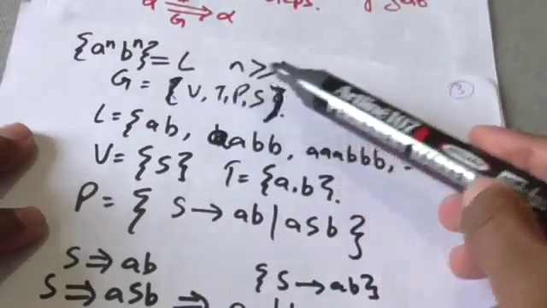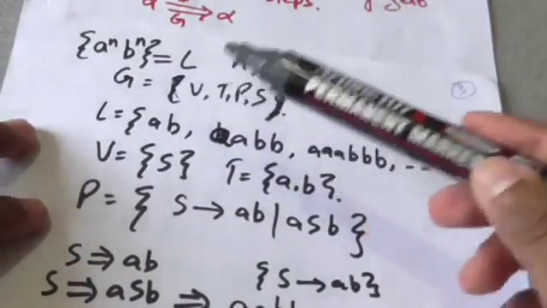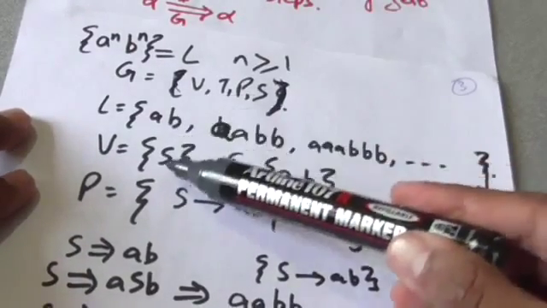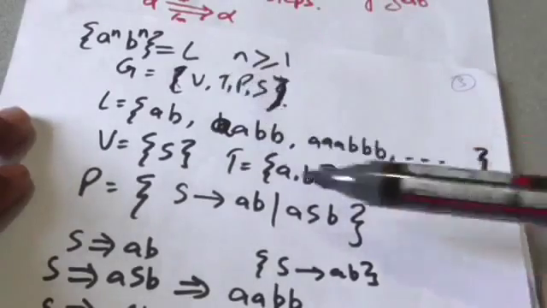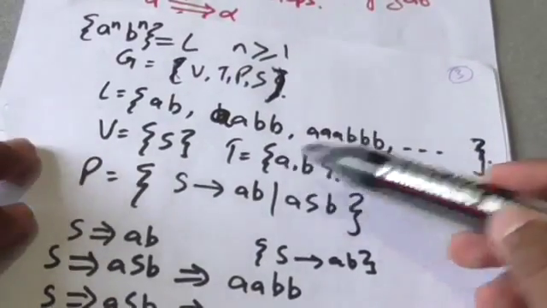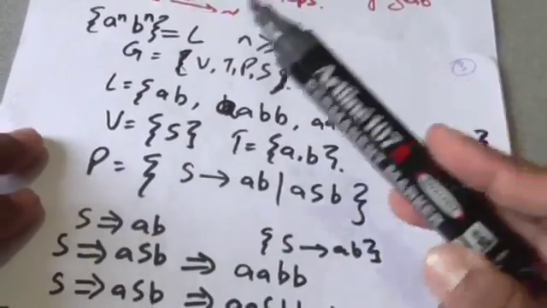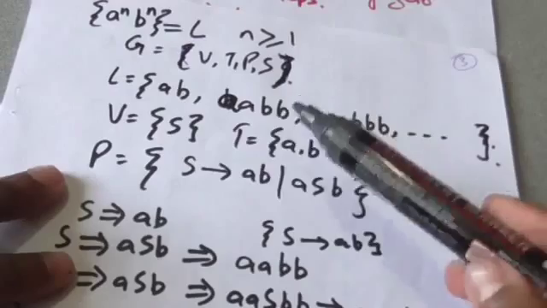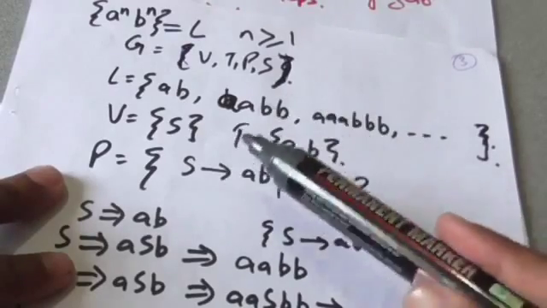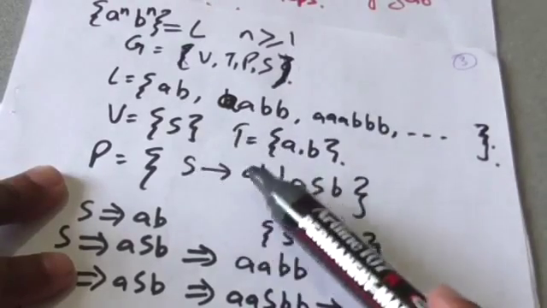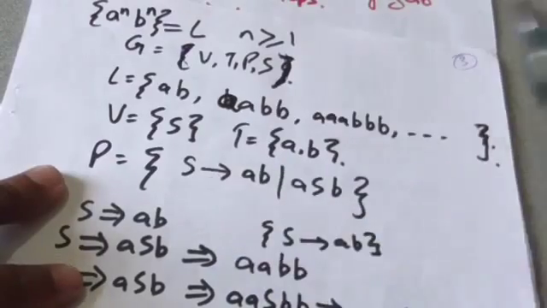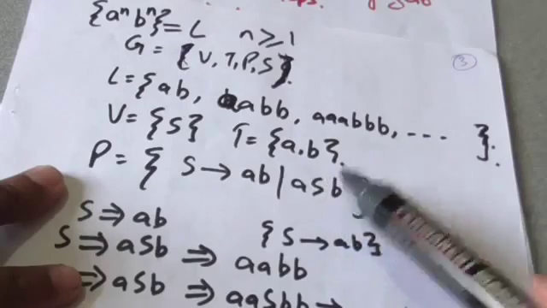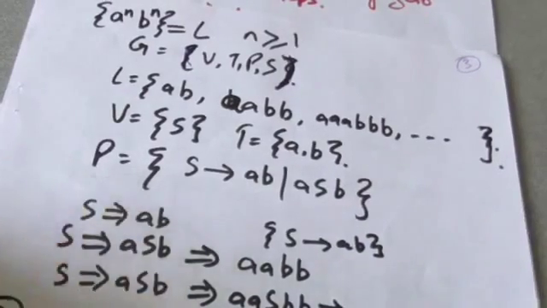G equals to (V, T, P, S), where V is a set of variables and this set has only one variable S. T is the set of terminals and it has only two terminals a and b, and P is a set of productions, right? Here there are two productions. One is S derives ab and other is S derives aSb, right?